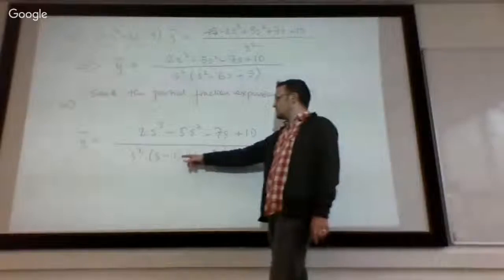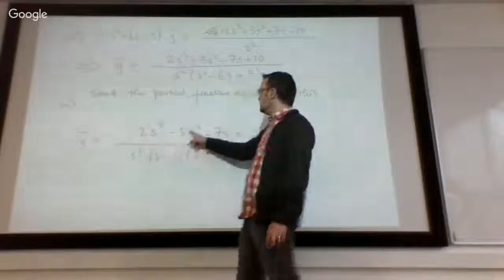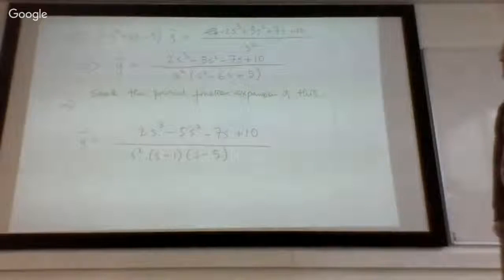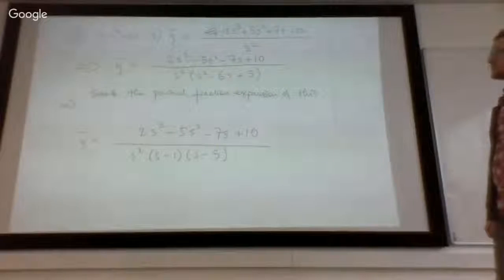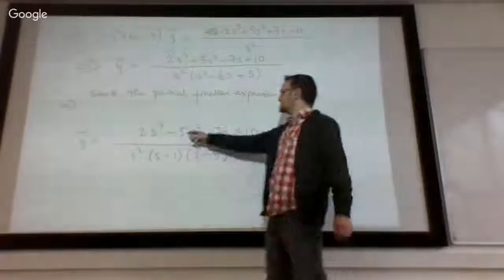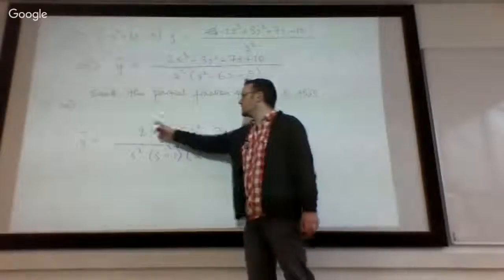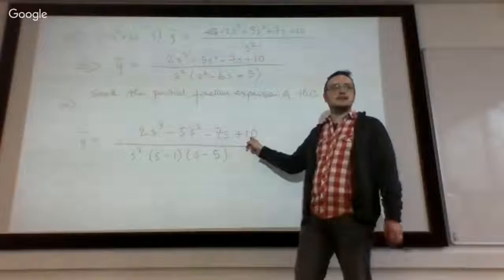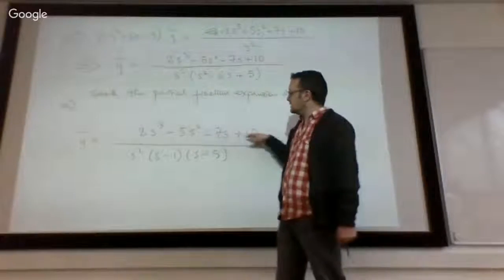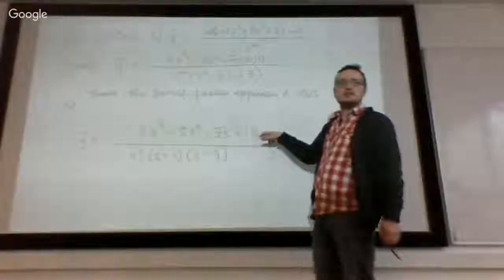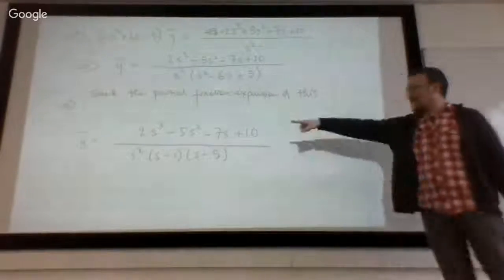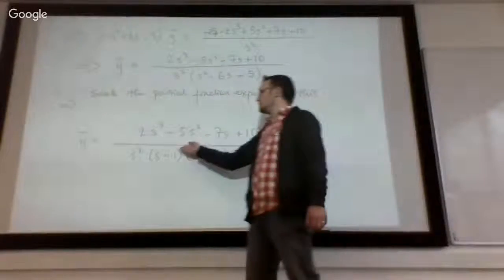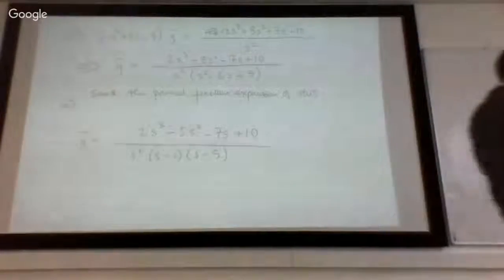But just looking at these roots here, 5, 1, and 0, I should just check the numerator and see if there's any divisibility that will simplify that here. You see, yeah, there is, because when you got minus 5 minus 7 gives you minus 12, then you got a plus 12 when you add the 2 and the 10. So when evaluated at 1, 1 is also a root of the numerator polynomial. And 1 is one of the roots of the denominator. So that factor of s minus 1, we should be able to divide that out from the top and bottom.